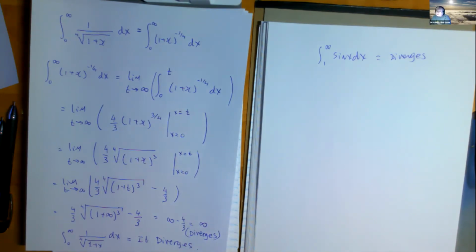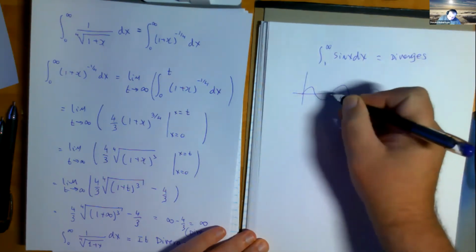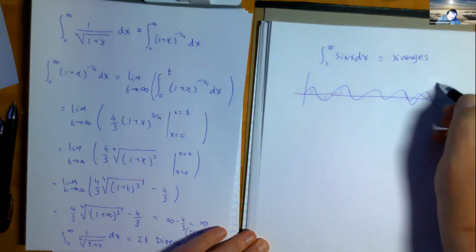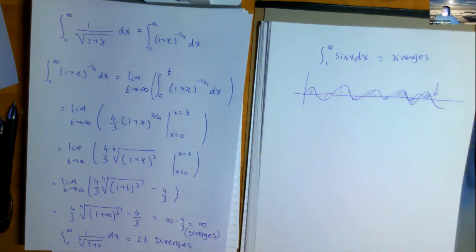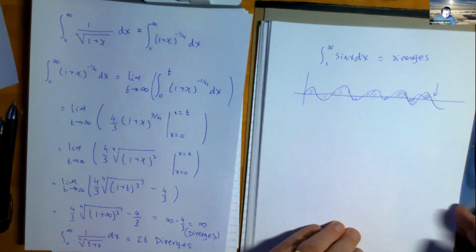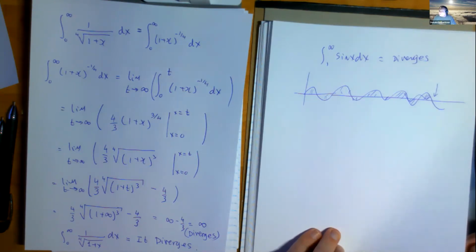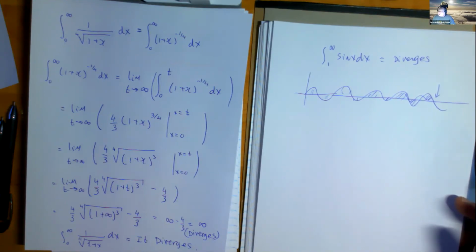Not because the area is infinite, because it's not really infinite. Isn't the problem that you don't know where to stop in infinity, and so the answer could be anywhere between 0 and 1. And so diverges is a catch-all for it doesn't have a numerical answer. Most of the time it'll mean it's infinitely big, but it doesn't need to. Sine x is an example of it just not working because the answer doesn't exist, right?